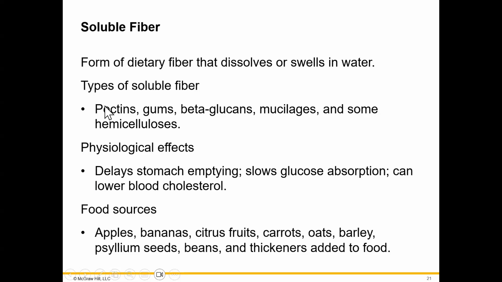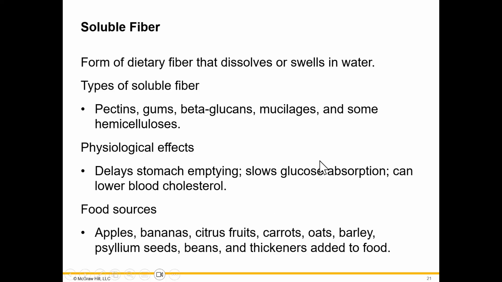You see soluble fibers in pectins, your gums, your beta glucans, and some of your hemicelluloses. So these are just different types of fiber. And you would find those in food sources such as your apples, your bananas, your carrots, your food thickeners, those kinds of things.